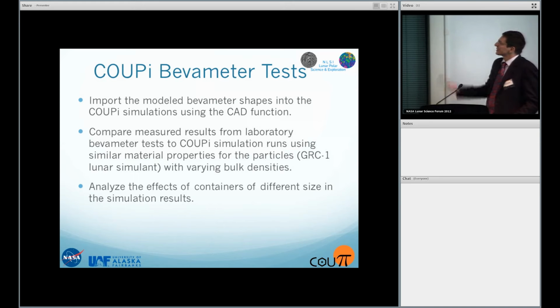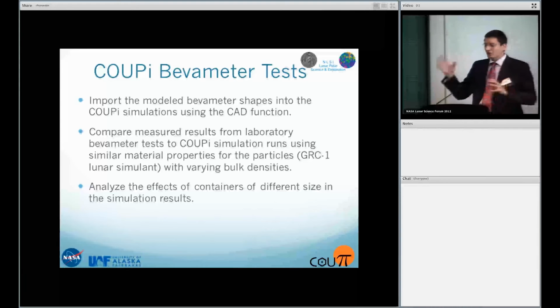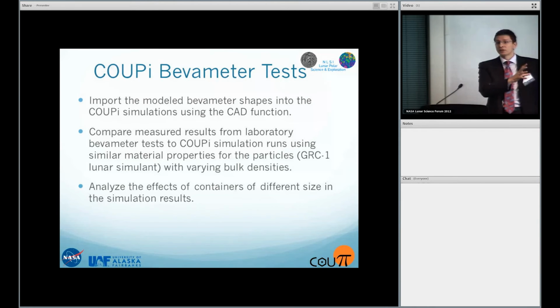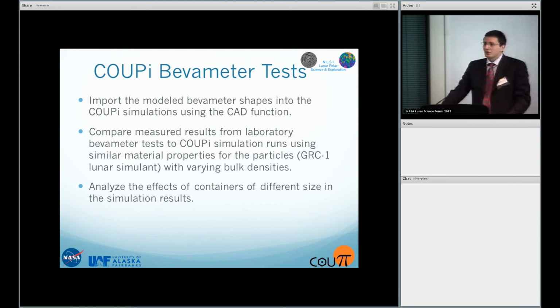This is a summary of what we did for the bevameter test. One of the features of the model is that you can take the CAD model from the computer, import it into the discrete element method model, and do the simulation with the exact tools that you have.